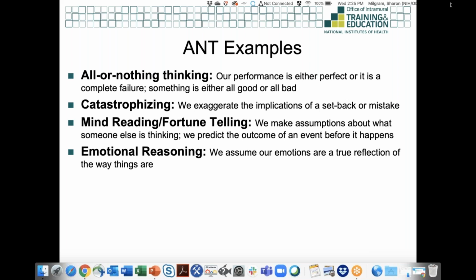Because we feel stupid, we assume we are stupid. Oh, I feel stupid, so I must be stupid. Or we really feel some imposter fears, which I'm going to talk about in a little bit. Because we feel imposter fears, we assume we are an imposter and we really don't belong. So we take the feeling that we have and we decide it's a real reflection of how things are.